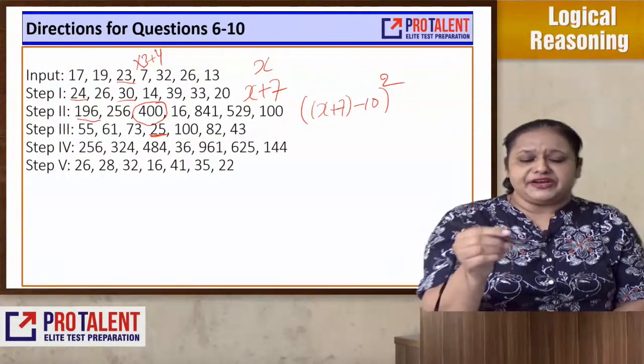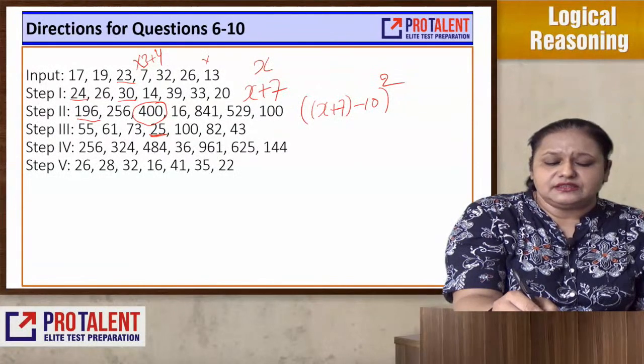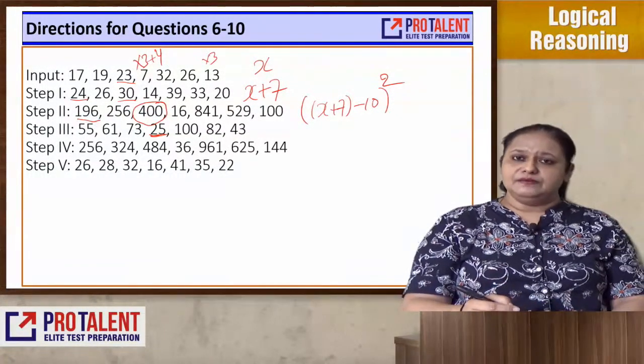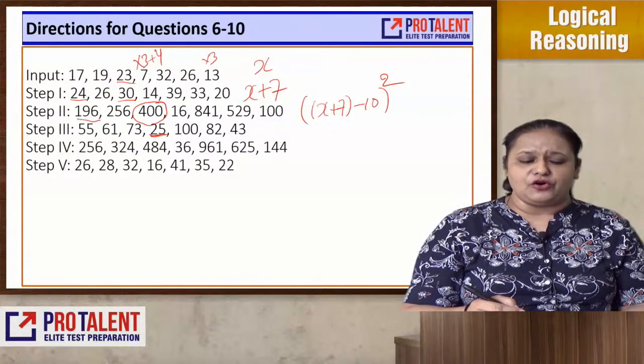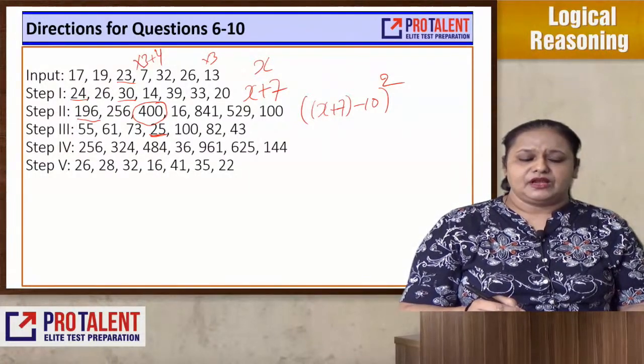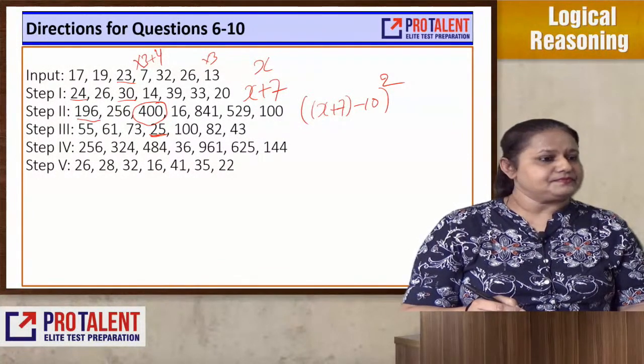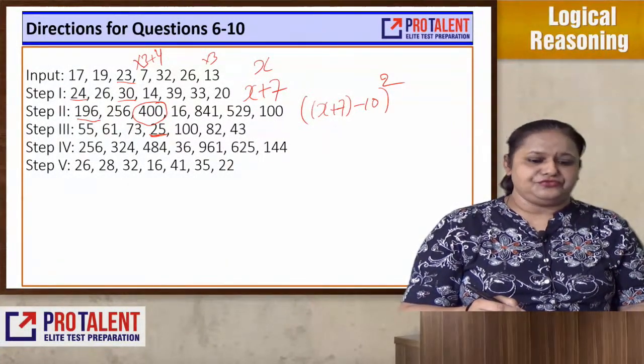Okay, so if I do it, 13 threes are 39, 39 plus how much I will be doing so that I get 43, correct, very good.